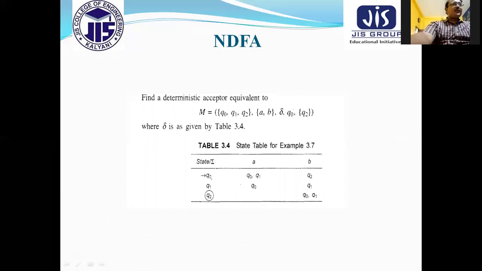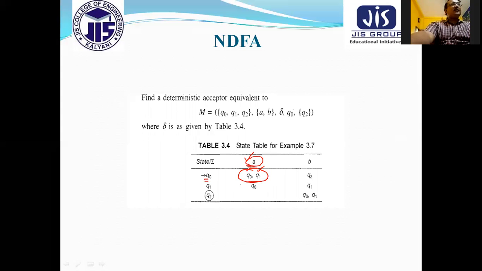Now from the figure we can see this part: Q0 taking the input A, we can go to Q0 and Q1. So what is the meaning? Here Q0 is one state and Q1 is also one state. So by taking the input A, we are going to more than one state.